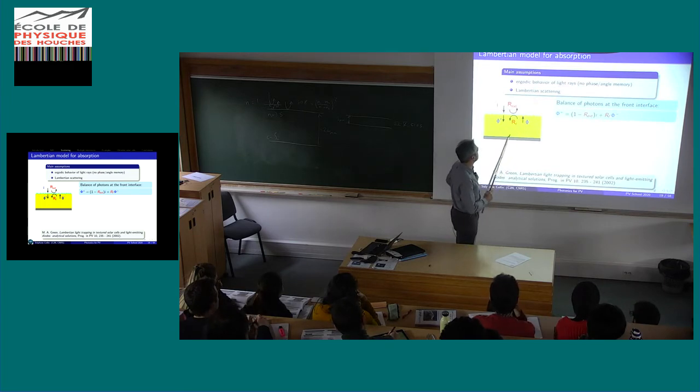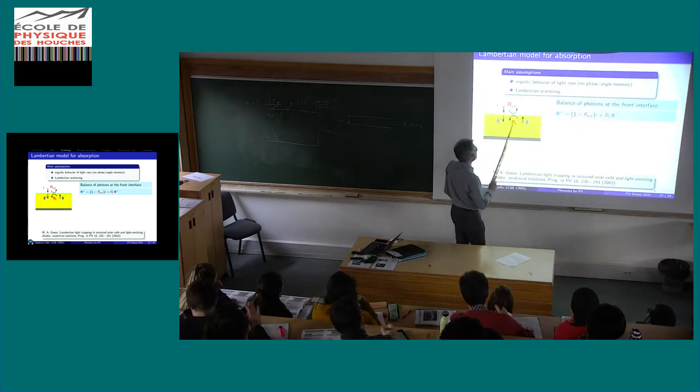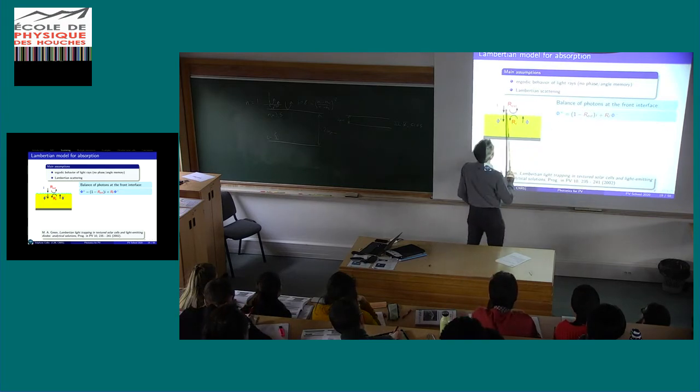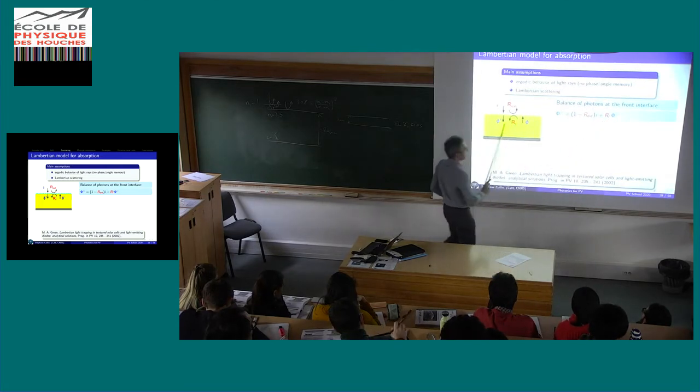So it's flux of photons and as a function of the reflection coefficient here and here. So here you have the incident flux multiplied by 1 minus the reflection, and you have the flux in this direction, upward flux, multiplied by this reflection coefficient.